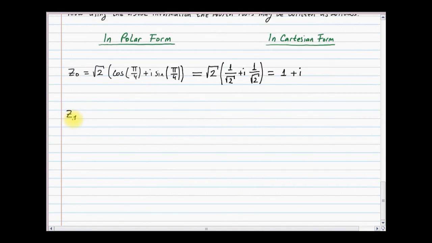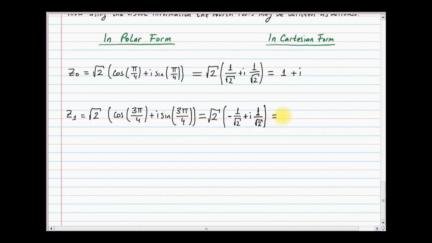And similarly, the second root z1 is equal to square root of 2 times (cosine of 3 pi over 4 plus i sine of 3 pi over 4), which is equal to minus 1 plus i.